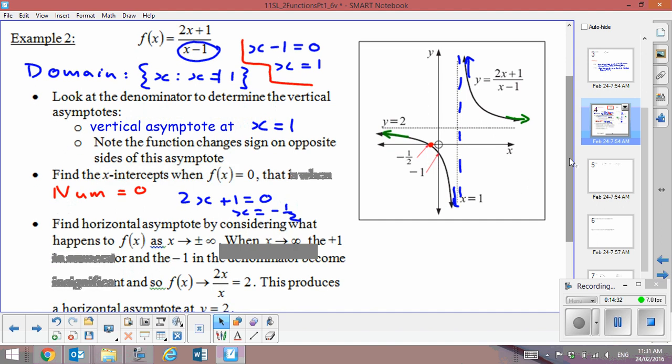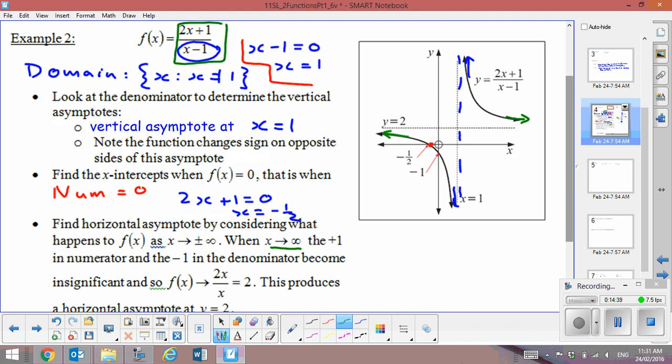If we look at our equation, in the numerator it says 2x plus 1, and our plus 1 really isn't making a big difference, just as our minus 1 in the denominator doesn't make a big difference. So they become insignificant as x approaches infinity. So our function really is going to be impacted by this part only, the 2x over x.